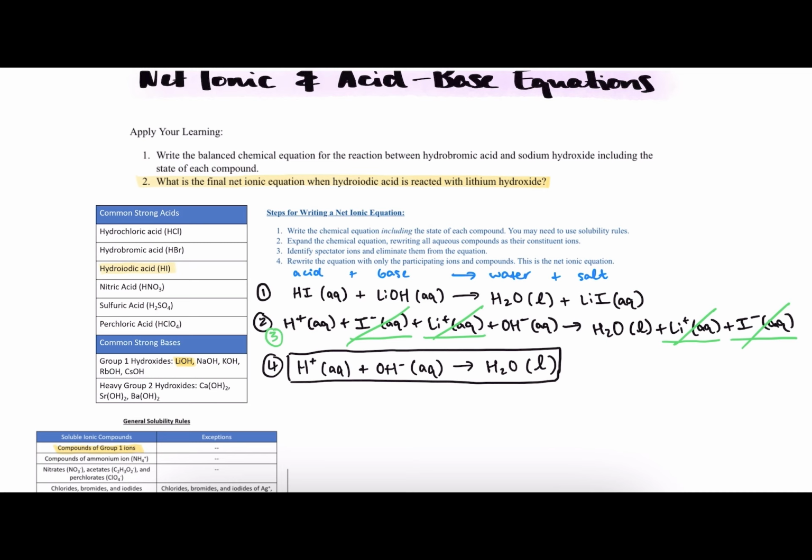And just as a little tip for future questions, this is also the net ionic equation for other common acid-base reactions.